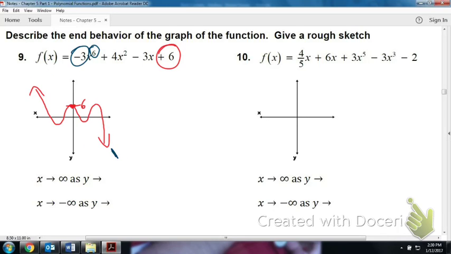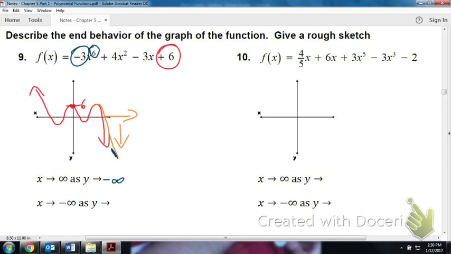So, as x approaches infinity, that is how you read that. As x approaches infinity, basically as x moves right, y approaches what? In this case, y is going down. As we move forward, y is going down. So y is approaching negative infinity.